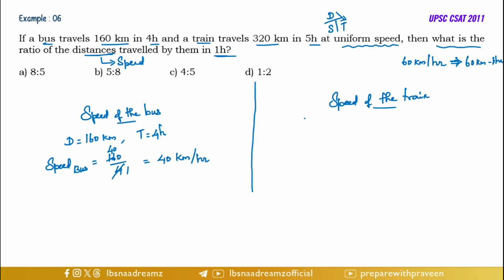Similarly, the speed of the train, here the distance is equal to 320 kilometer. Time is equal to 5 hours.